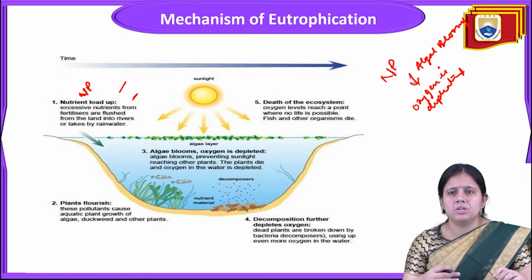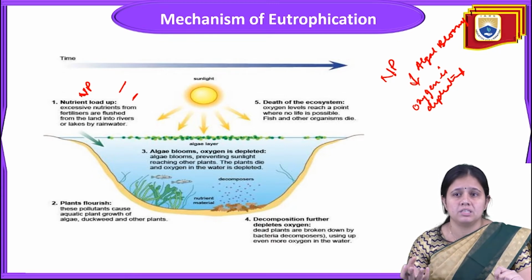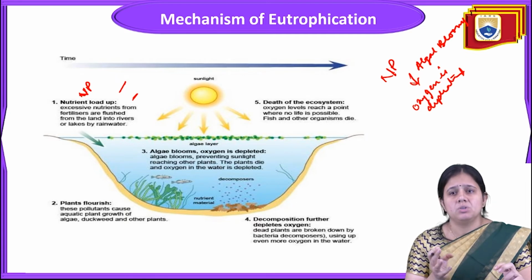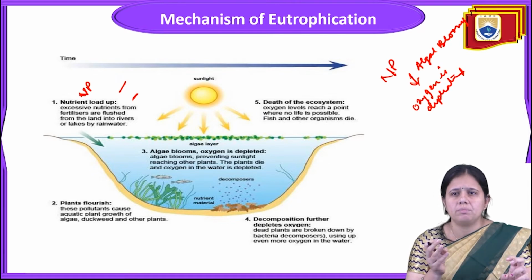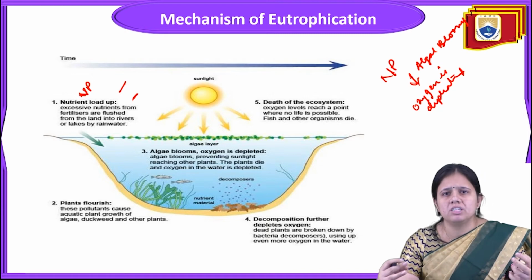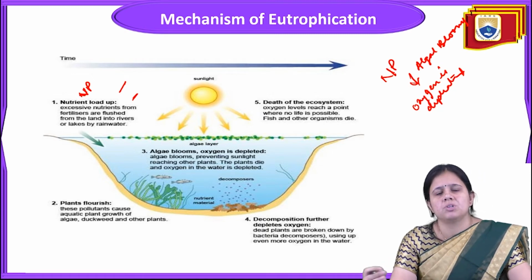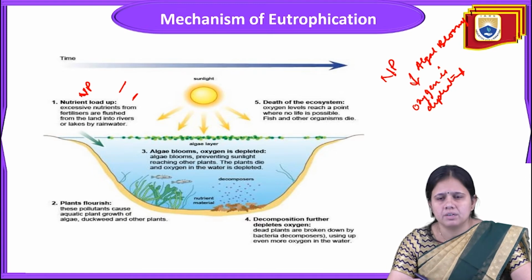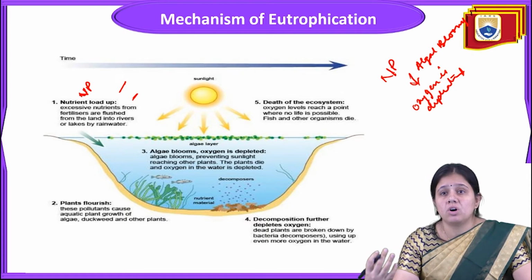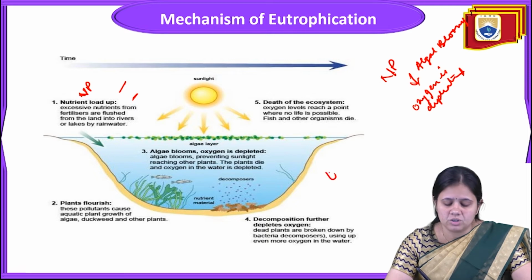No oxygen is there, and this leads to decomposition of organic matter, which needs more oxygen, and it will not be able to provide it. So the oxygen level reduces to a point where no life is possible inside that pond. In this way, a normal shallow pond is converted into a eutrophic pond.